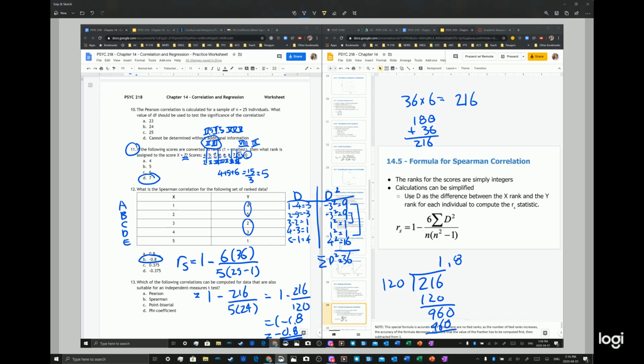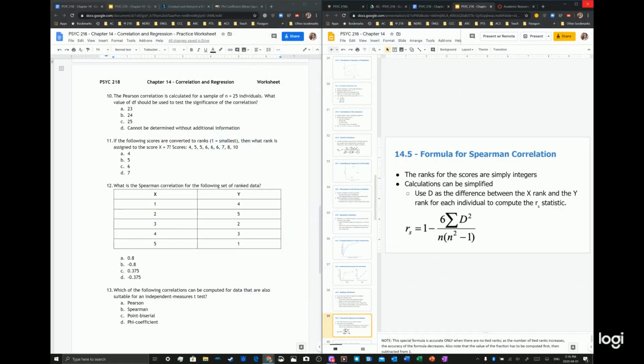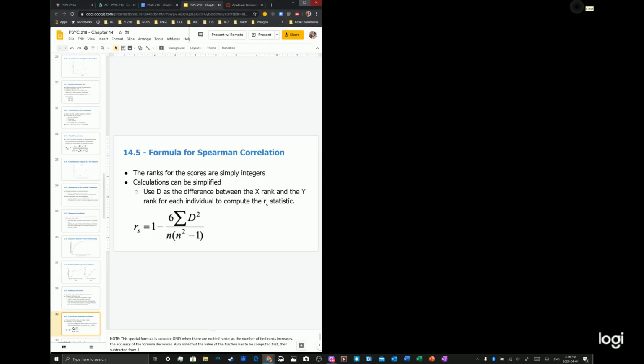Yes, they're a little bit mixed up. Your 4 and 5 is switched, and your 2 and 3 is switched. But here you can see that the highest ranking X score for person E gives the same person the lowest rank Y score. Okay, so it shows a strong negative correlation coefficient with your Spearman R, which reads as RS.